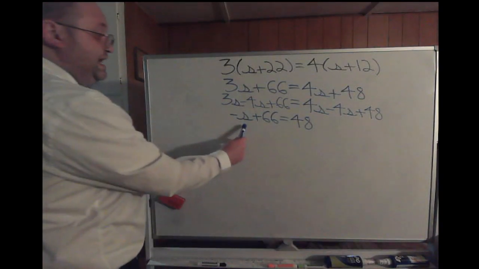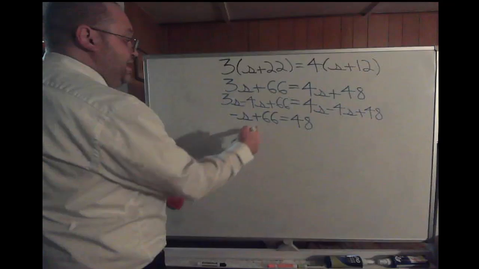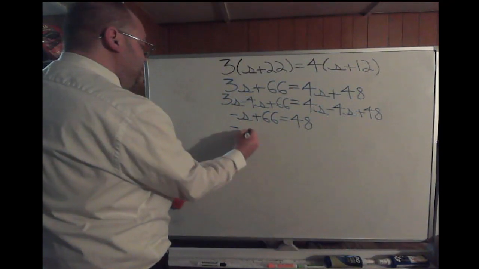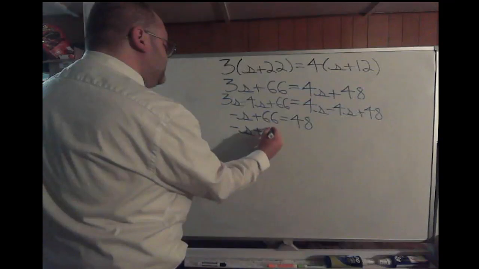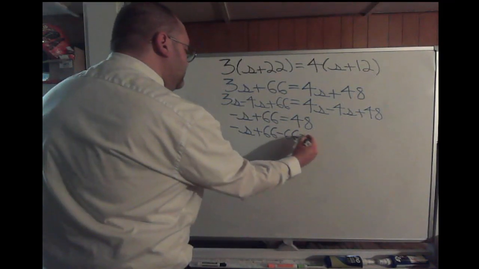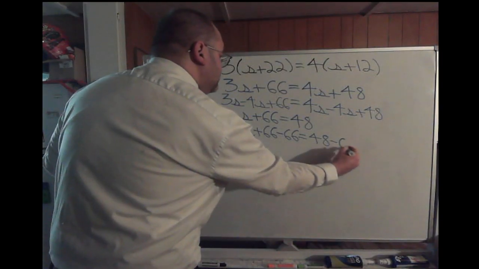Well, we want to get that negative S by itself. So let's go ahead and do that. We have that positive 66, we need to subtract 66. So you'll have negative S plus 66 minus 66 equals 48 minus 66.